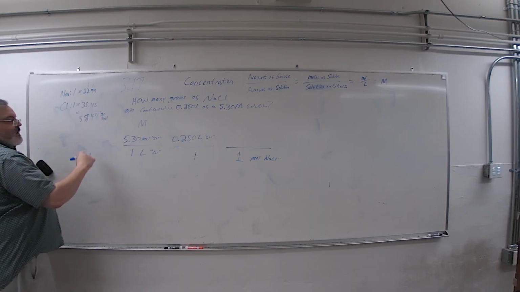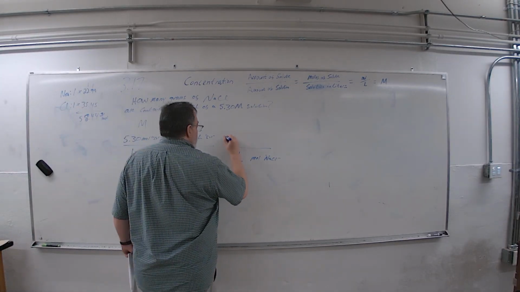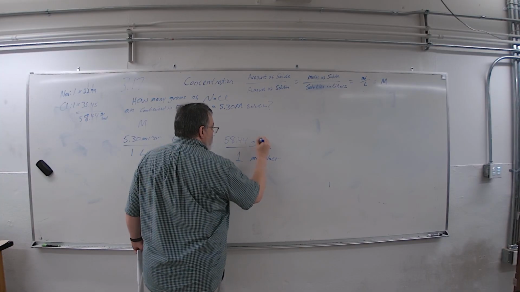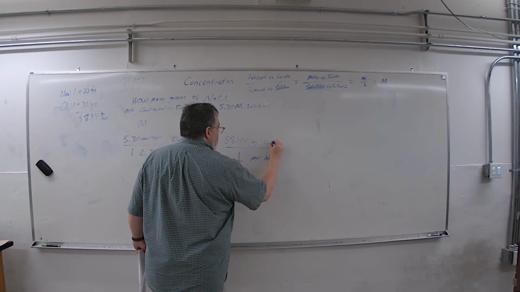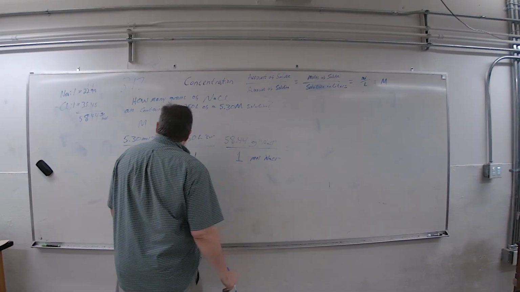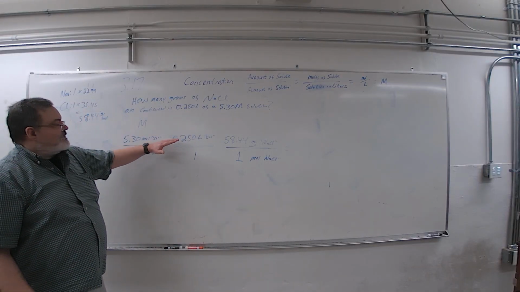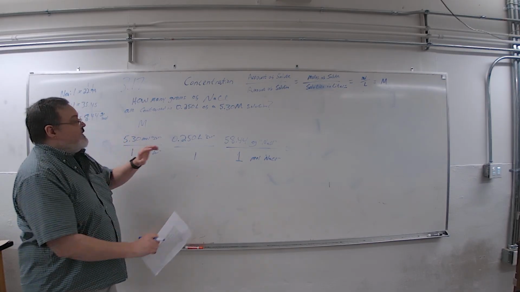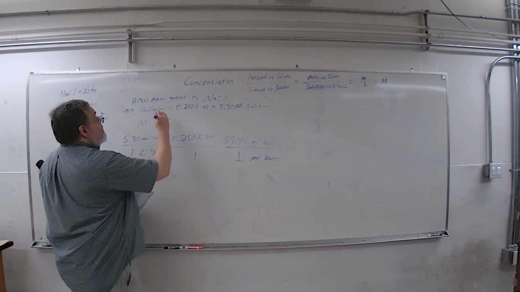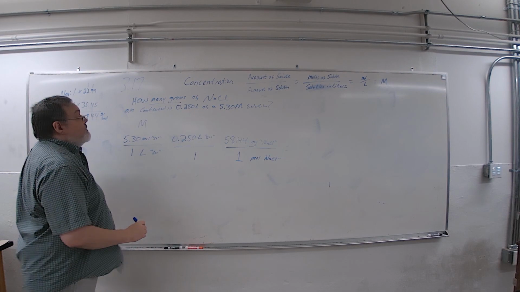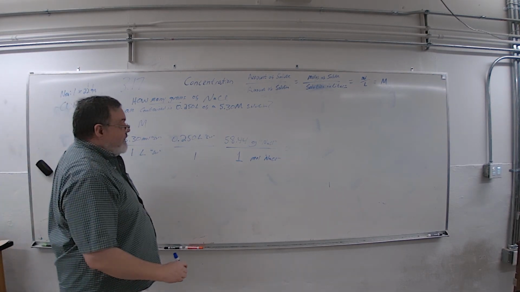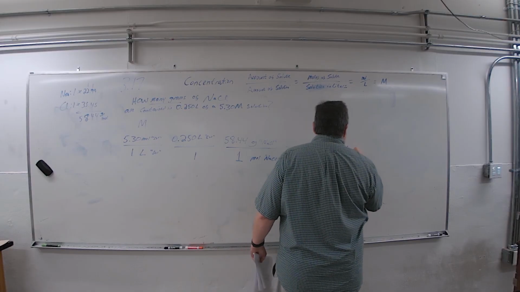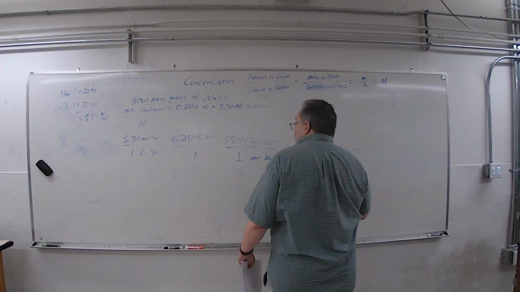Anyway, 58.44 grams per mole. Liters cancels, moles cancels, and we got the grams. And that's what we're asked for. How many grams of NaCl? Grams of NaCl.